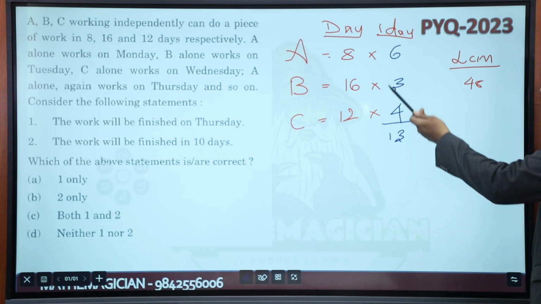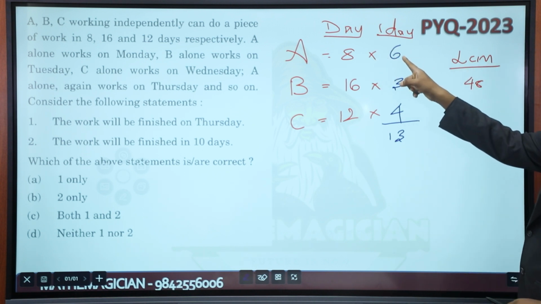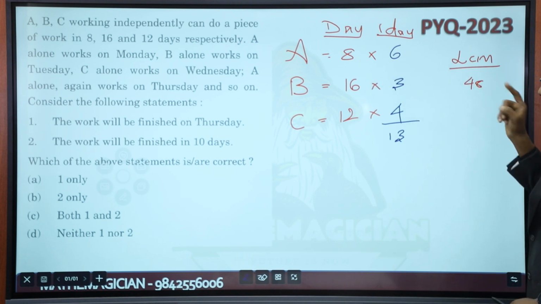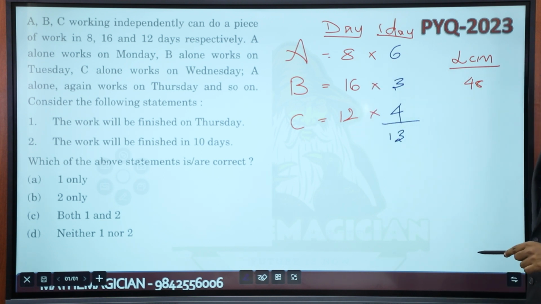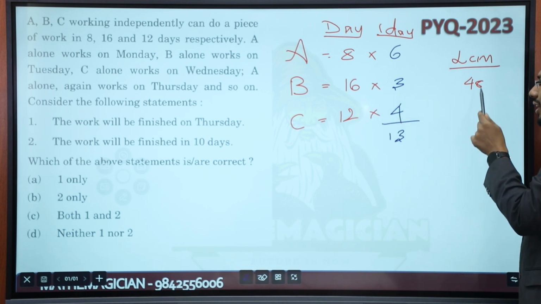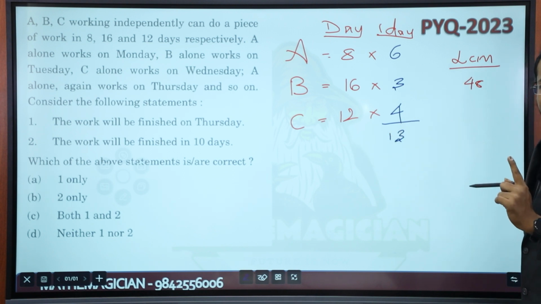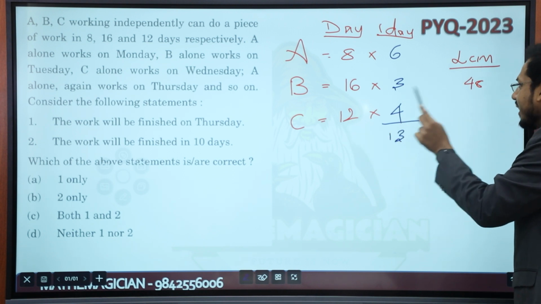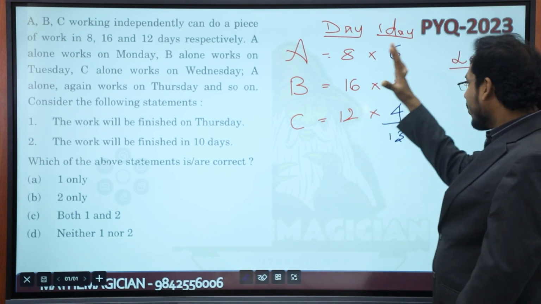A can complete 6 chocolates in a day. So in 8 days, he can complete 48 chocolates. B can complete 3 chocolates in a day. If you give 16 days, every day he completes 3 chocolates, so 48 will be completed. C can complete 4 chocolates in 1 day, which means in 12 days he can complete 48. This is the concept. But they are not working together.